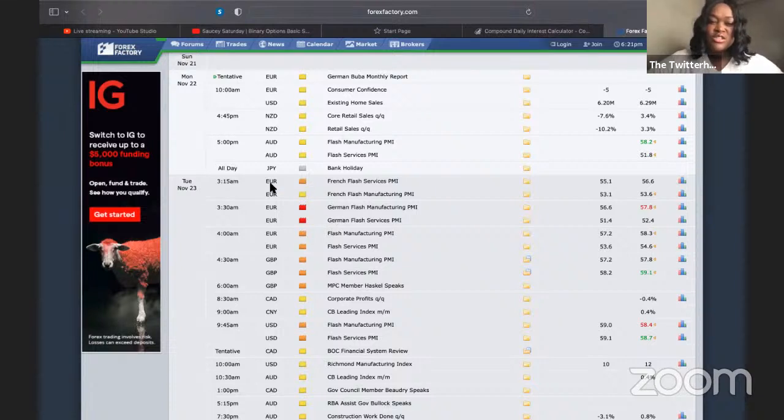So on Tuesday morning, 3:15 a.m., there's an orange folder. Normally I would trade that, but since I see that euro just has so much going on from 3:15, 3:30, a red folder, which I absolutely would not trade. 4 a.m. orange again.